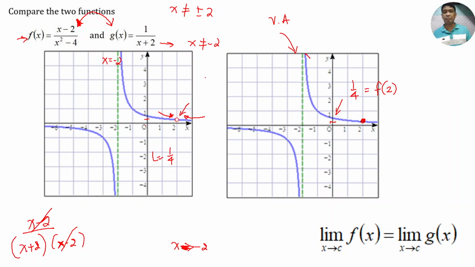So ibig sabihin, kahit mataas or kahit saan magdating ito, ang range niyan ay hindi pa rin siya magta-touch dyan. So ang value na ina-approach niya is infinity kung galing tayo sa kaliwa. Ito naman sa kabila, pag from the left of x is equal to negative 2, ang value naman na ina-approach niya ay negative infinity.